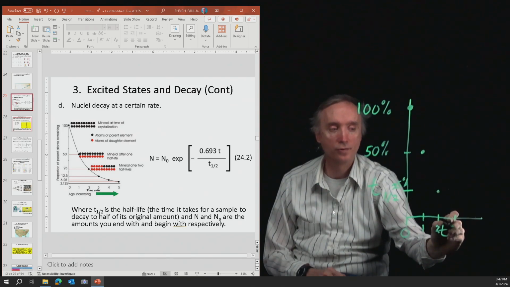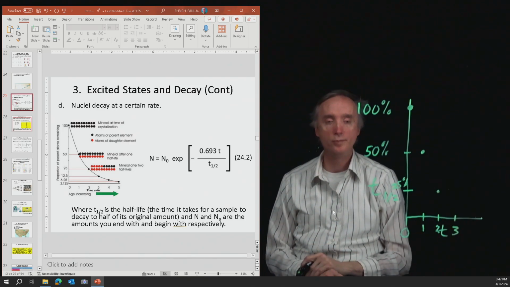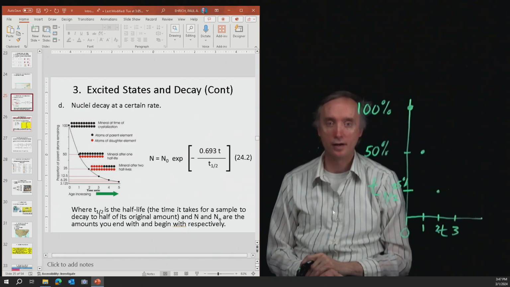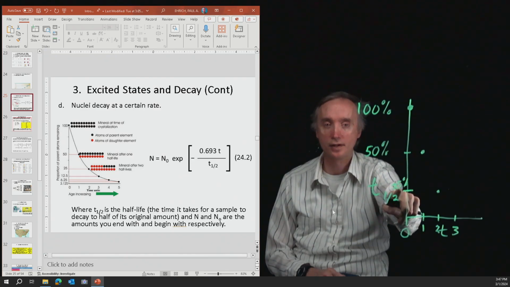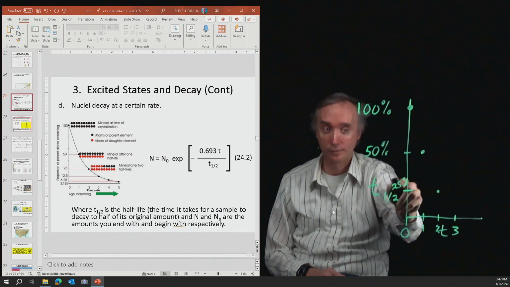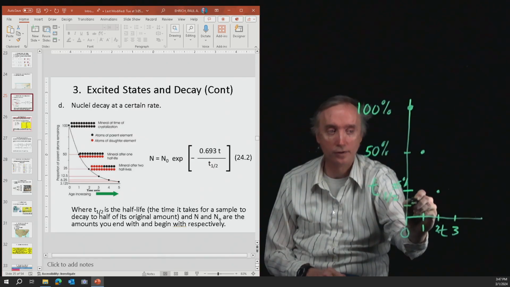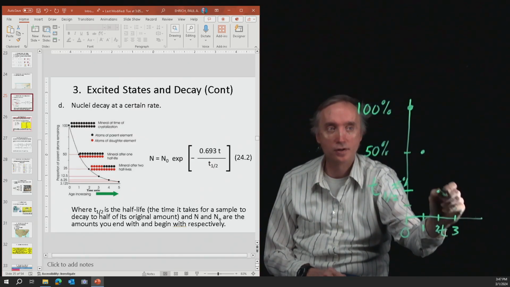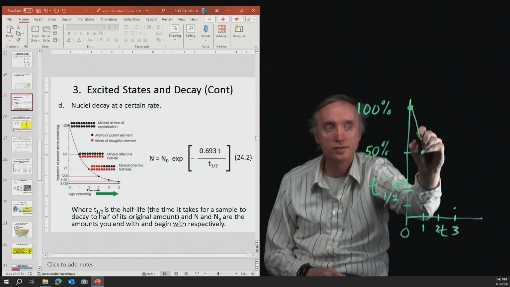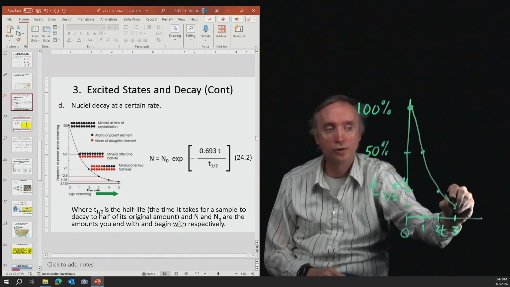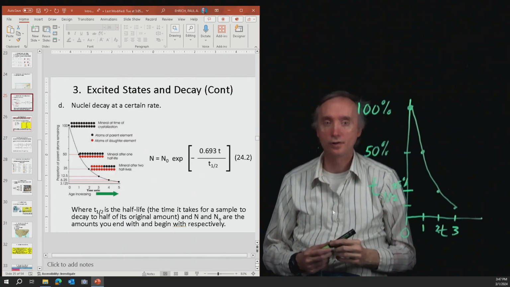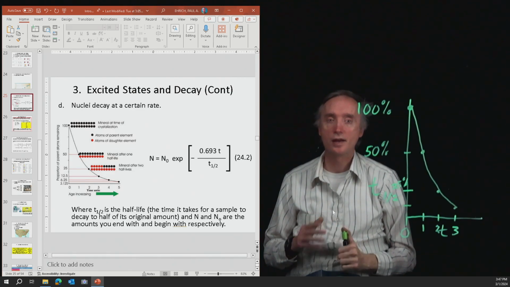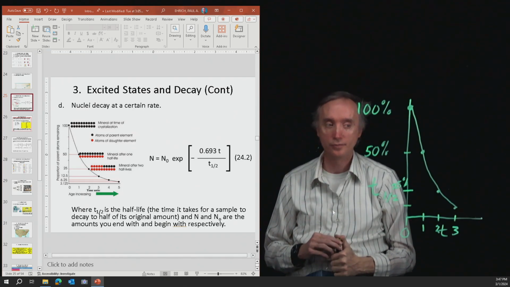So if it was 3, what would we be down to? After 3 half-lives have gone by, you'd be at 50% of 25%, which is 12.5%, and you would be down to about here. And so if we were to take these things and put a curve through it, that's called an exponential curve. So we say this is exponential decay.